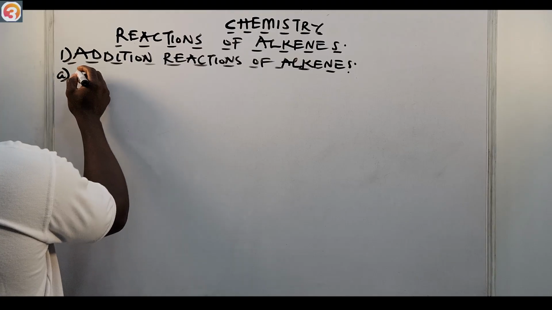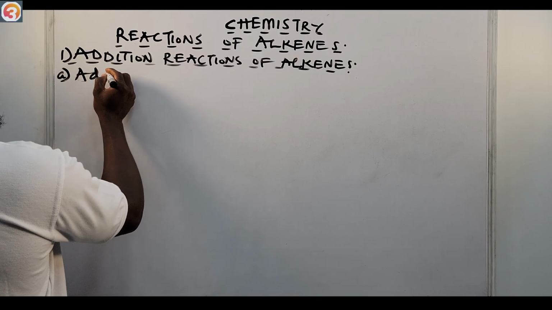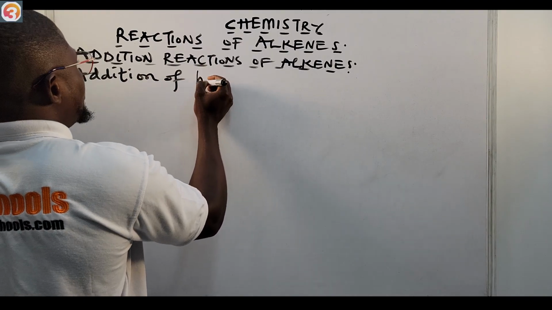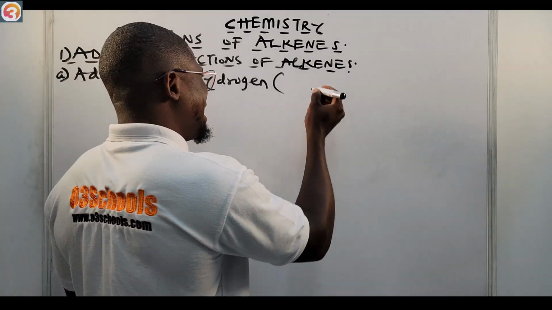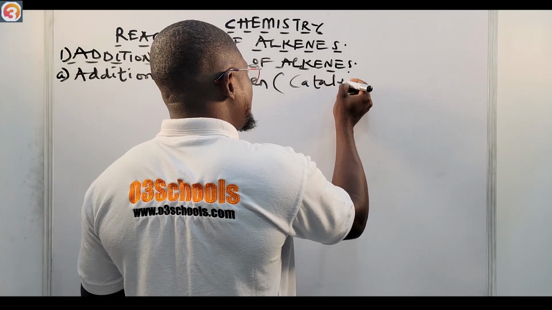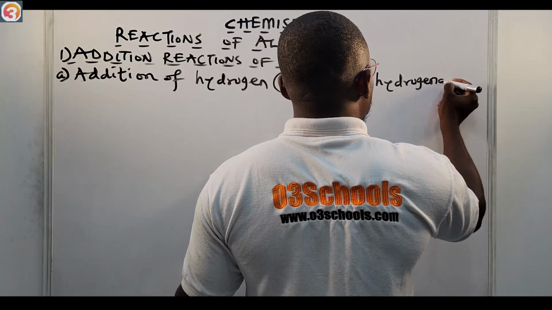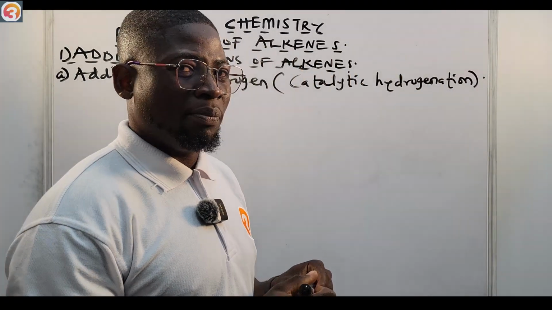The first one we are going to look at is addition of hydrogen. This one is the one we call catalytic hydrogenation. I think we'll look at this question in the last episode where we talk about preparation of alkenes.